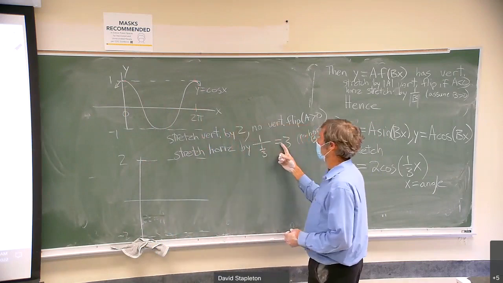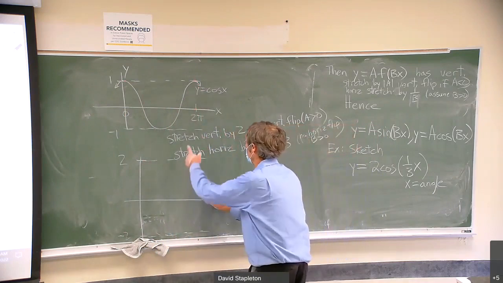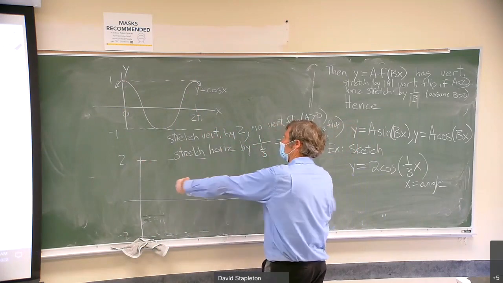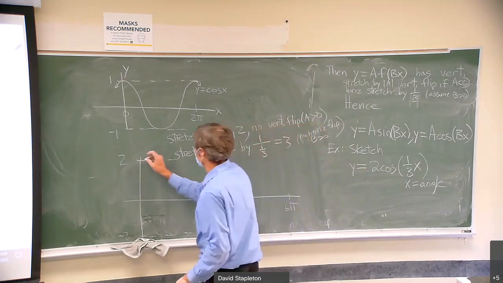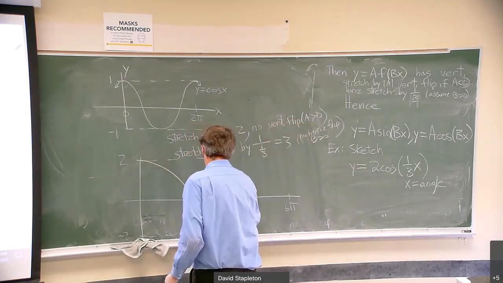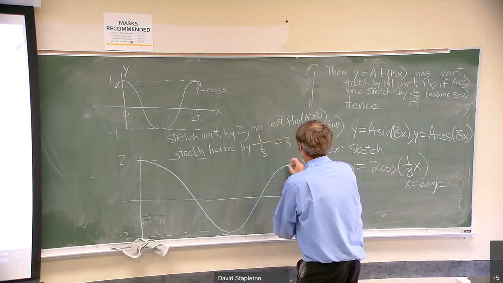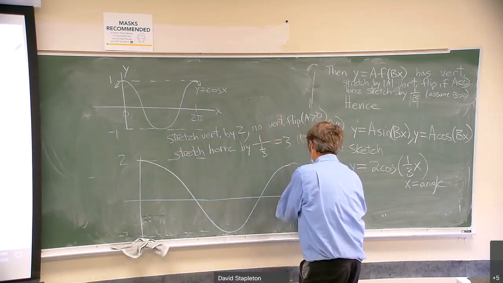Well, if I have a horizontal stretch by 3, then it's going to take 6 pi to get back where it started. So it's going to be 3 times as long because it's stretched out by a factor of 3. It's going to start here, go all the way down to the bottom guideline and back up to the top. That's 6 pi instead of 2 pi.